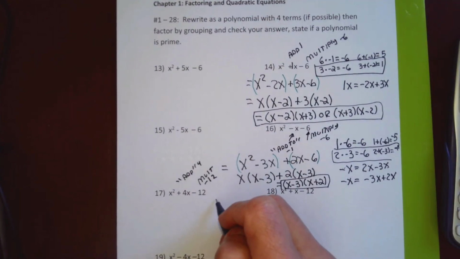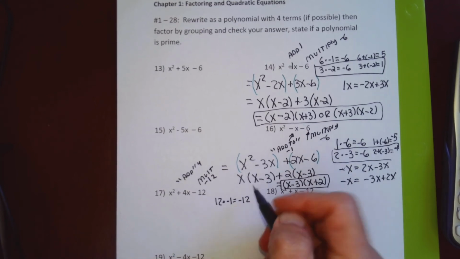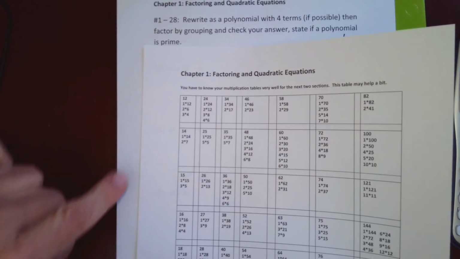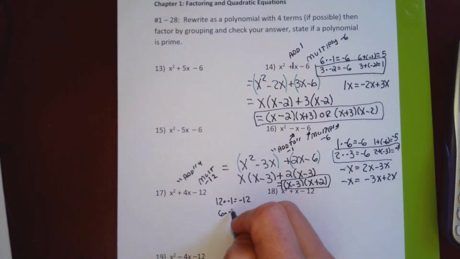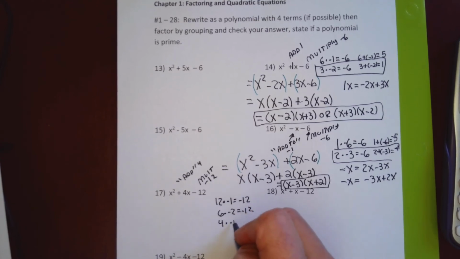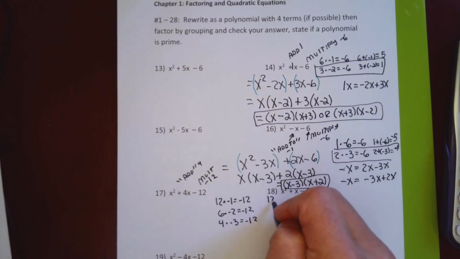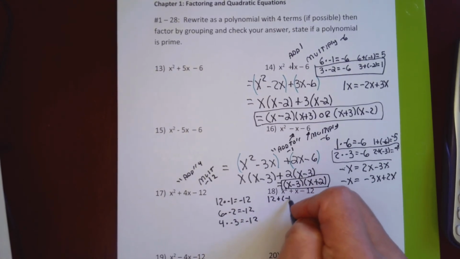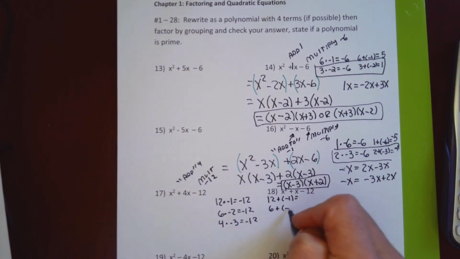So the numbers that multiply to -12 with the big number plus, small number minus, are 12 times -1, 6 times -2, and 4 times -3. From these pairs, I need to add these, and the adding is really subtracting. I'm going to add 12 and -1. I'm going to add 6 and -2.